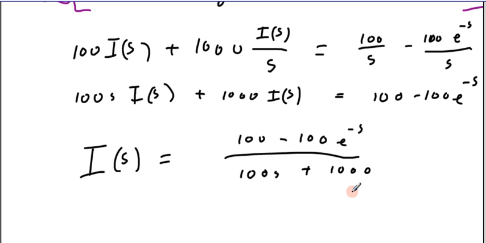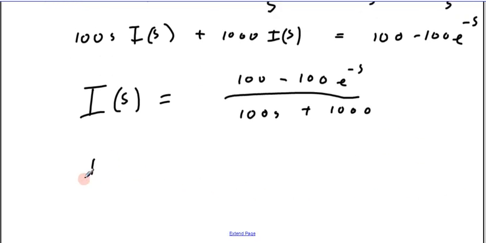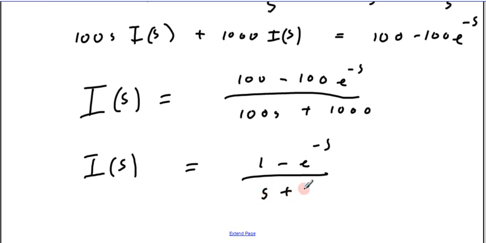Okay, that seems like a reasonable thing to do. It looks like everything can be divided by 100, so I will do that. So I(s) is equal to 1 minus e to the minus s divided by s plus 10.